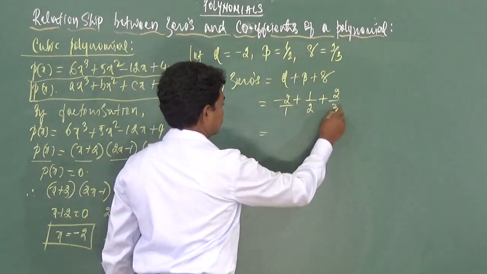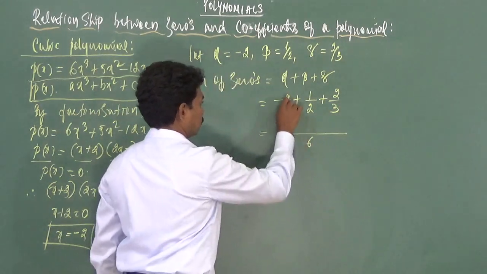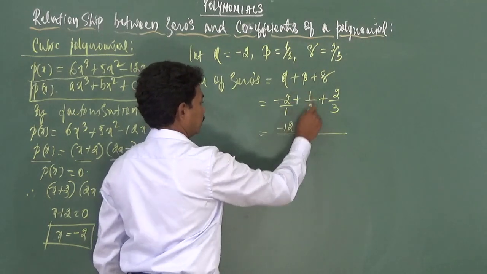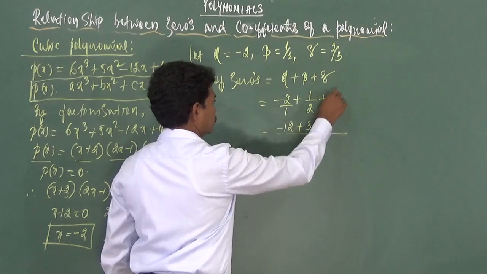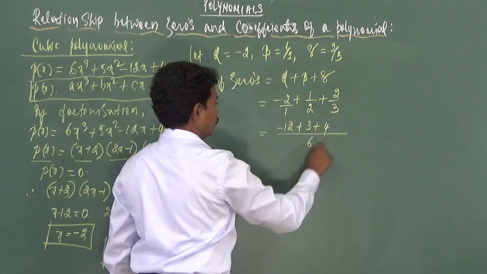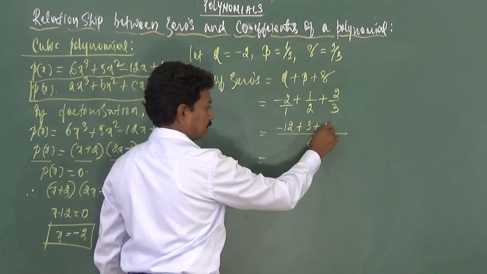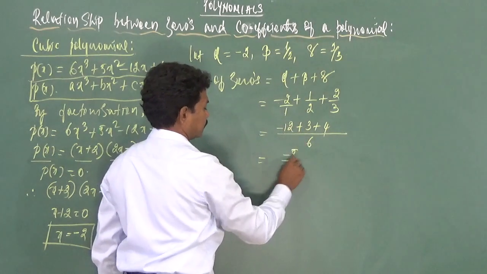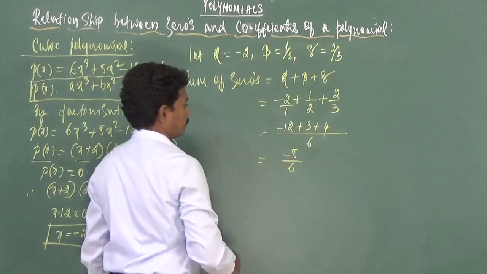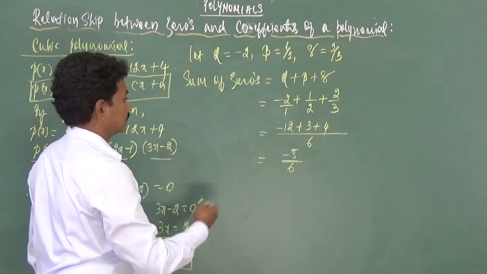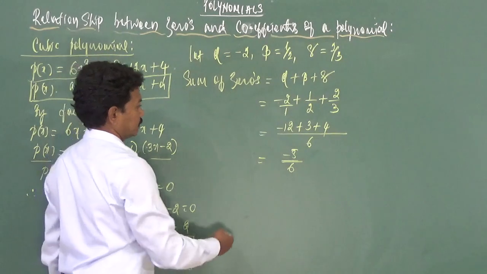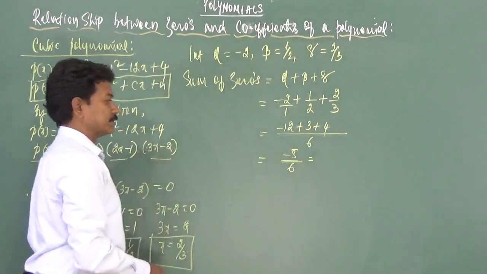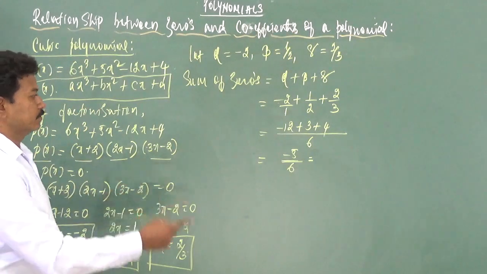So here 1, 2 and 3, LCM becomes 6. Minus 2 by 1 into 6 is minus 12, plus 1 by 2 into 6 is 3, plus 2 by 3 into 6 is 4. So 3 plus 4 is 7, minus 12 plus 7, it is minus 5 by 6. So we have got the sum of the zeros directly.